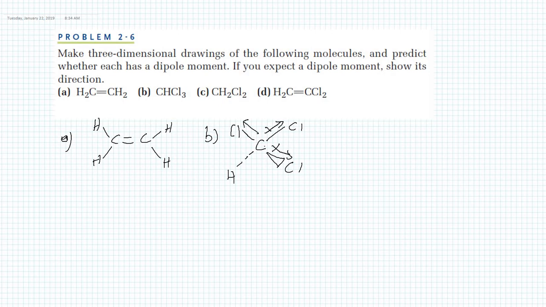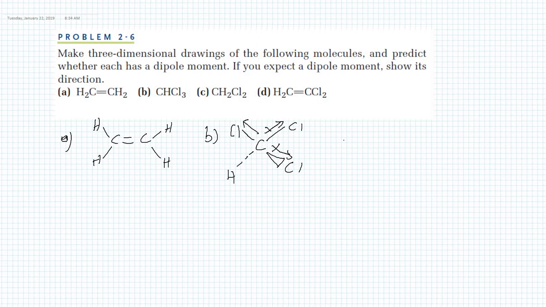If you add these 3 vectors in 3 dimensions, we are going to have a net dipole moment for this molecule. Don't forget, if a molecule is symmetrically arranged, the dipole moment is going to be 0 for that molecule. Since we don't have 4 same bonds, this molecule is expected to have a net dipole moment.